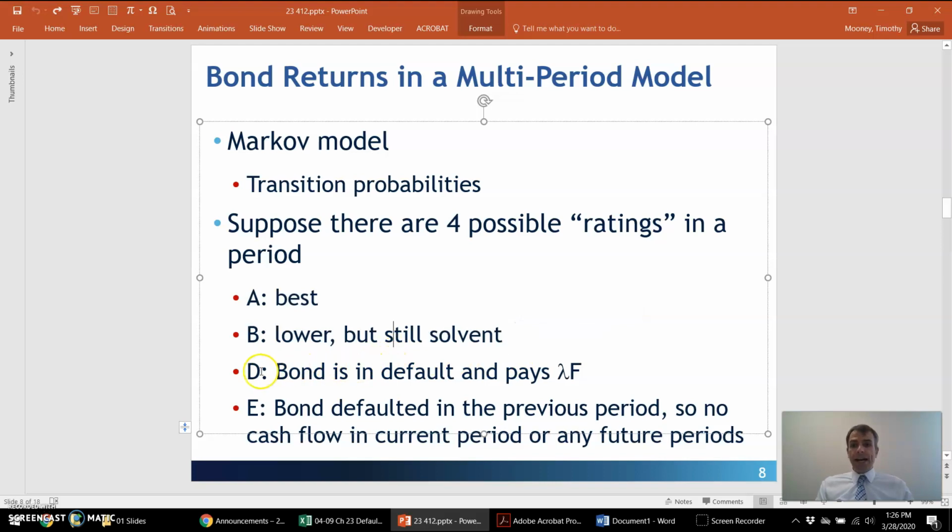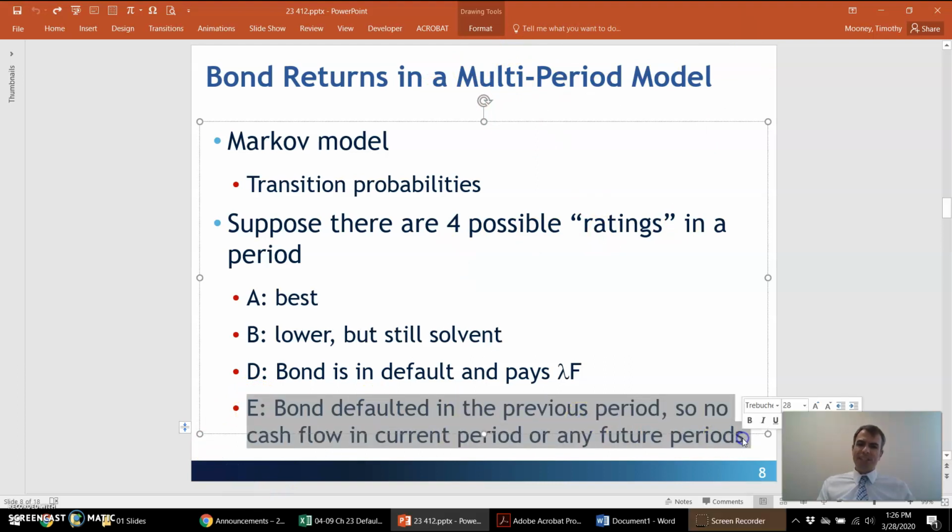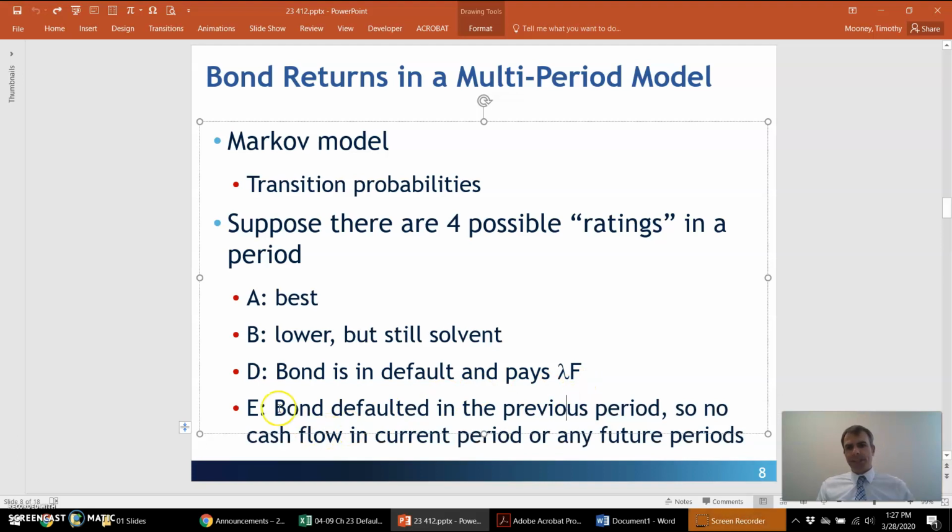And then there are also two states where the bond is defaulting in the current period, in which case bondholders receive the recovery amount. And then if we're looking at a multi-period model, there's this fourth state, E, that denotes that a bond has defaulted already, so there's no cash flow right now.